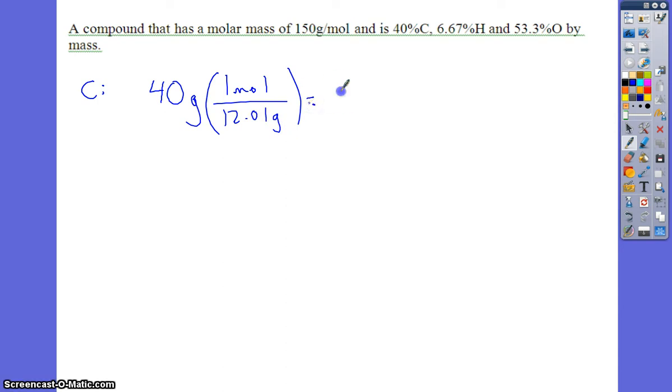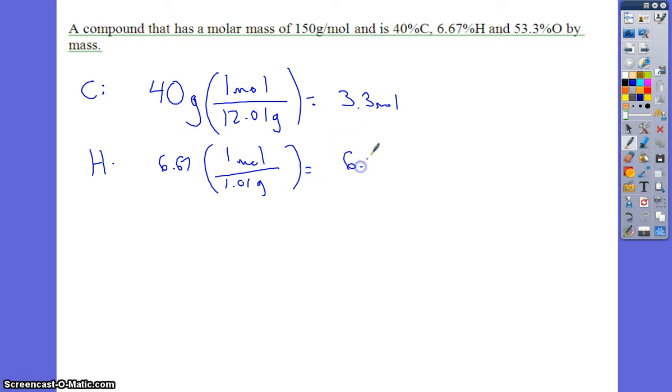So I have 3.3 moles of carbon. For hydrogen, I have 6.67%. Multiply that by 1 mole per 1.01 grams. And so I have 6.6 moles of hydrogen.